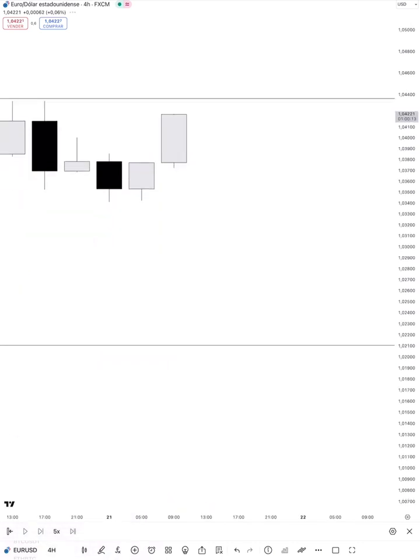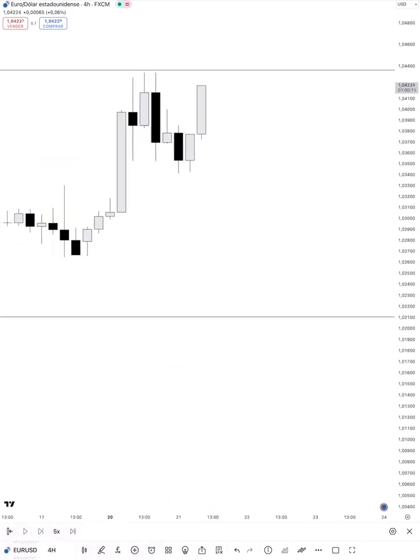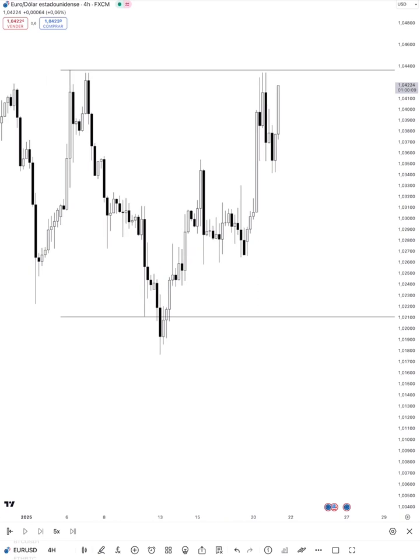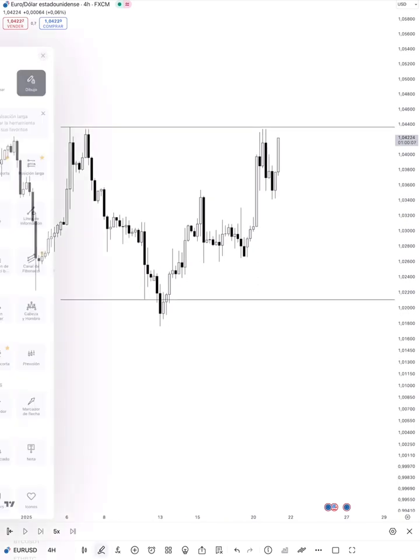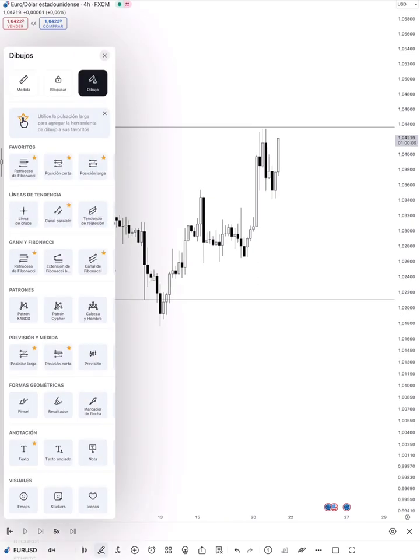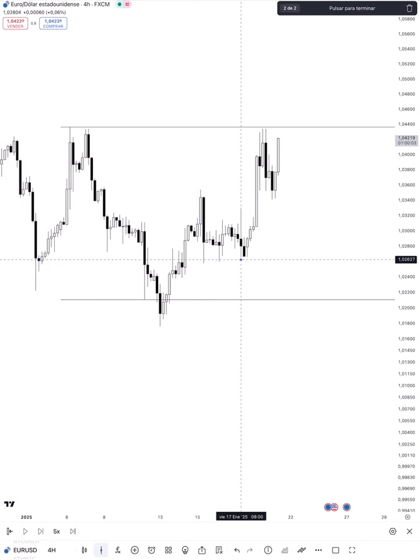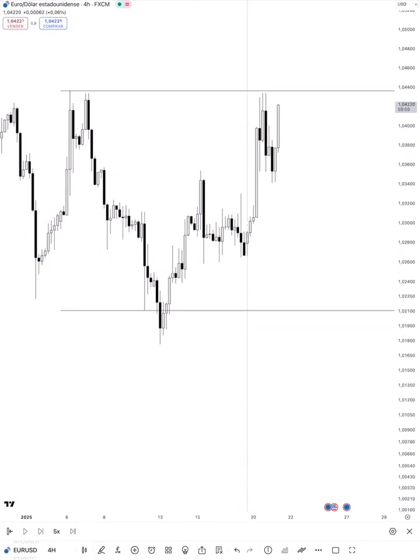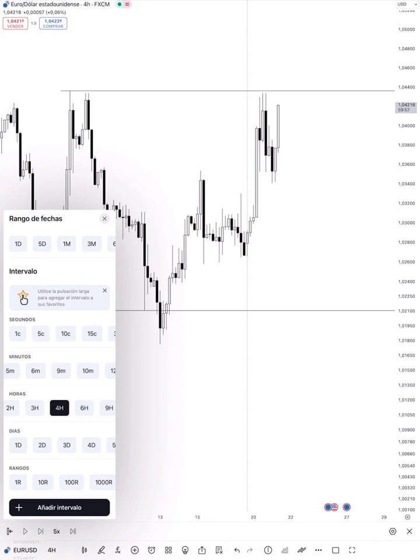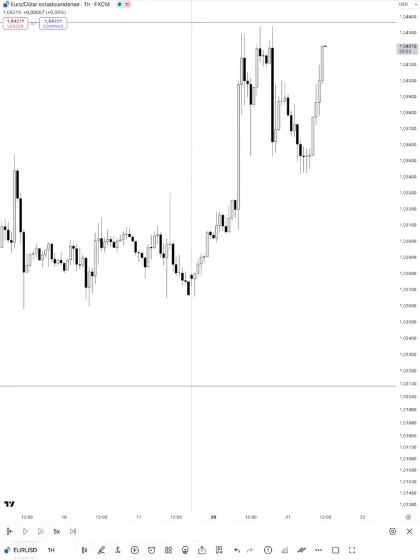Now, the lower time frame entry, I'm going to first mark the weekly open. Right, so Sunday, 5 p.m. is the weekly open. I go and open the 1-hour chart.